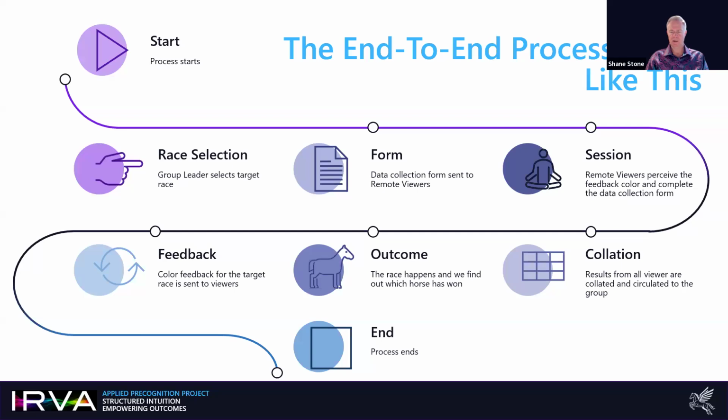So, any questions around the process itself? No, excellent. So today we're going through this entire process inside an hour. This process normally takes, as I said, between 24 and 36 hours when we do it each week.